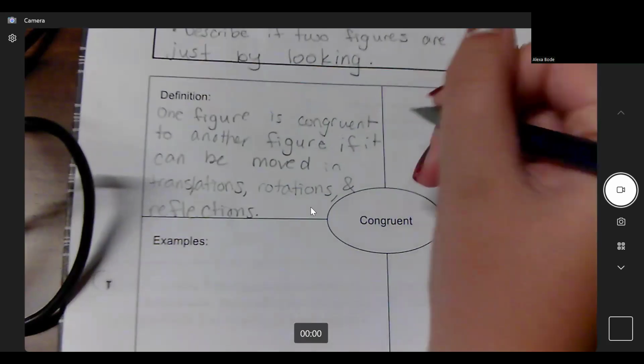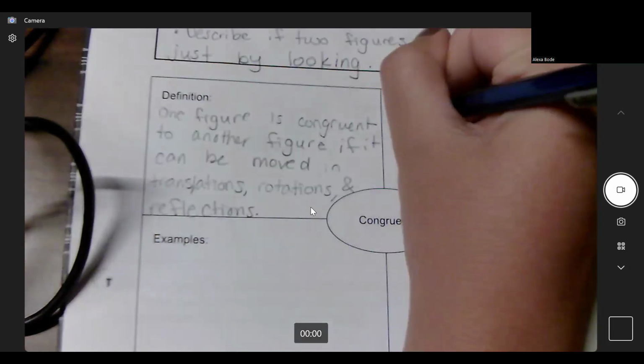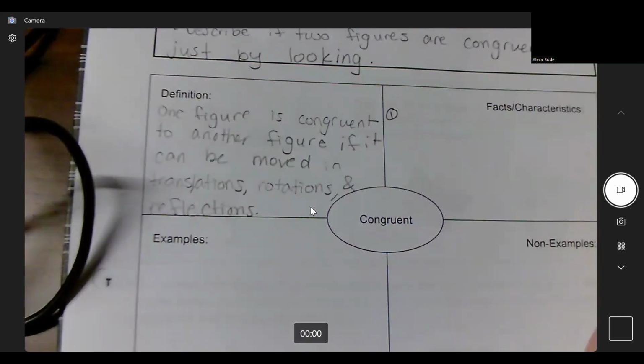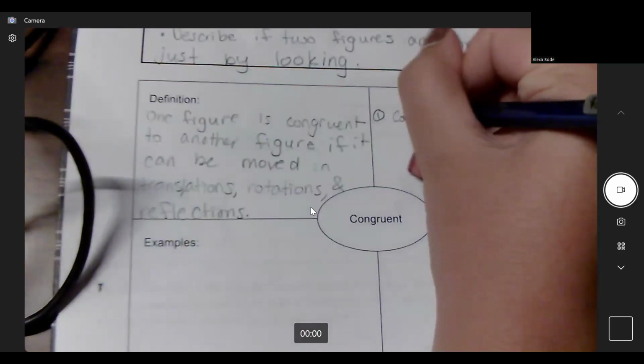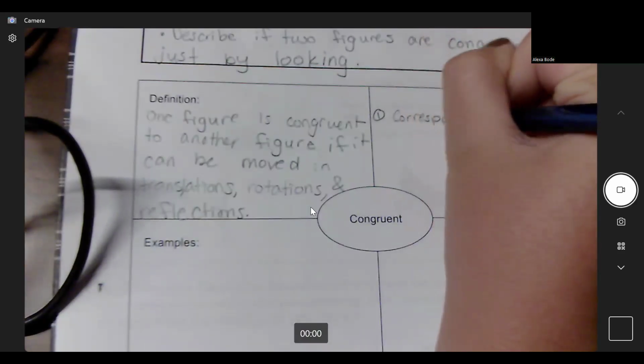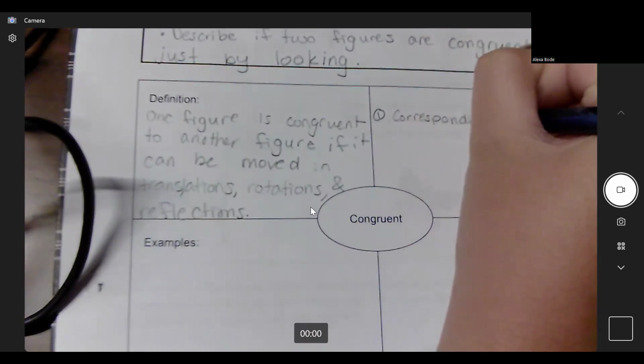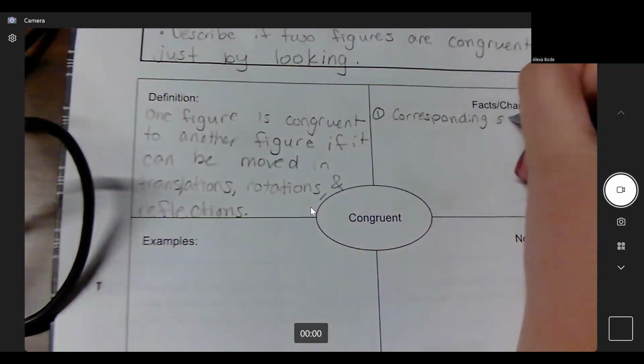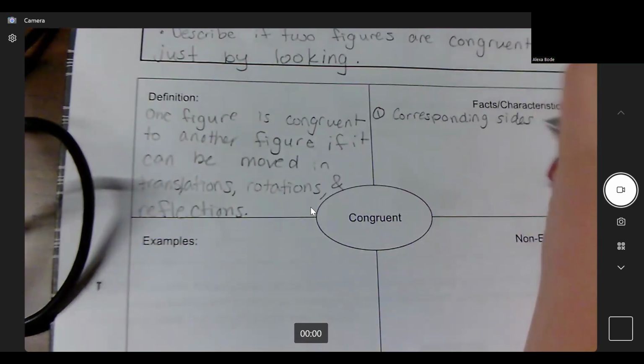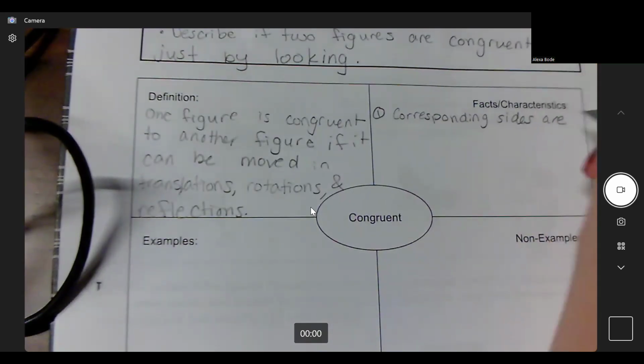So our facts and characteristics, we have three that we need to fit in here. Number one, corresponding sides are congruent.